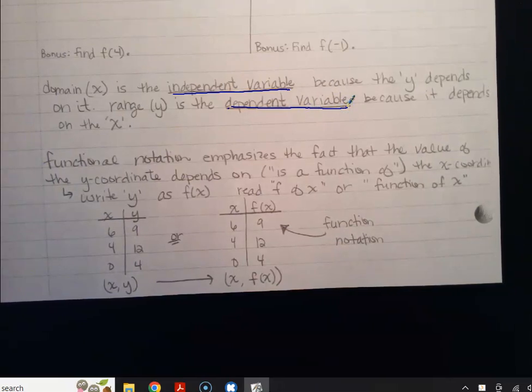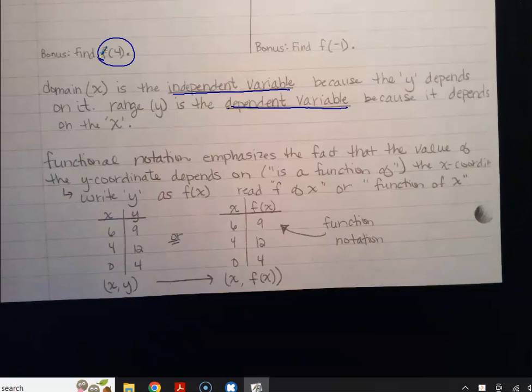Now going back up here, where we had f of 4, that is called functional notation. It emphasizes the fact that the value of the y coordinate depends on, or is a function of, the x coordinate. I'm trying to really ingrain in you that y depends on x. So instead of saying x and y, we're saying x and the function of x, what we're getting out of that.